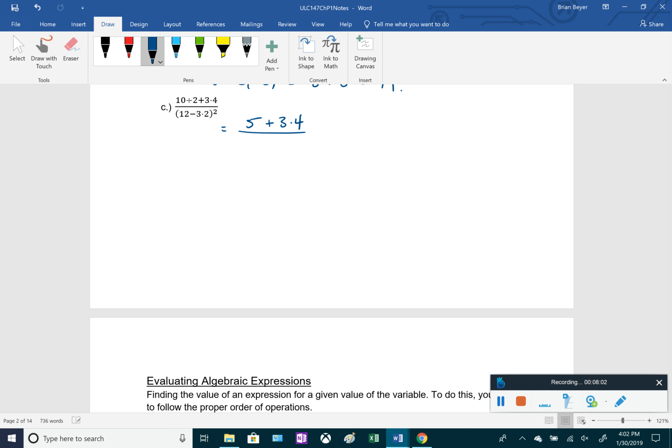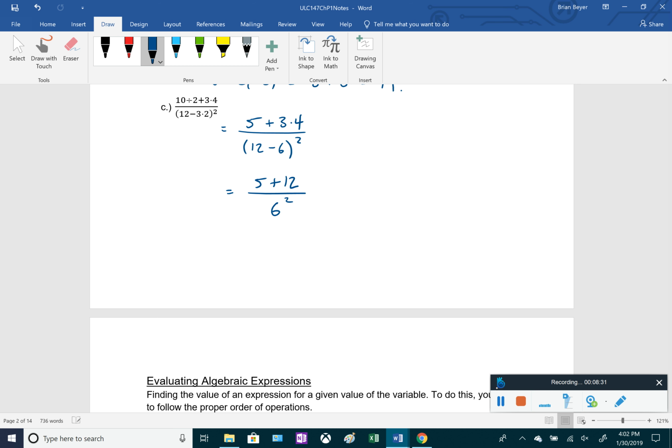In this denominator, we have an exponent, but we have parentheses, so we need to evaluate that first. Inside the parentheses, we have multiplication. So we have to evaluate 3 times 2, which is 6. Okay, so now for the numerator again. 3 times 4 is 12. Denominator, we have to do the parentheses still, finish them up. 12 minus 6 is 6.